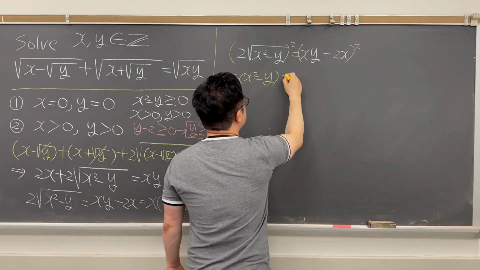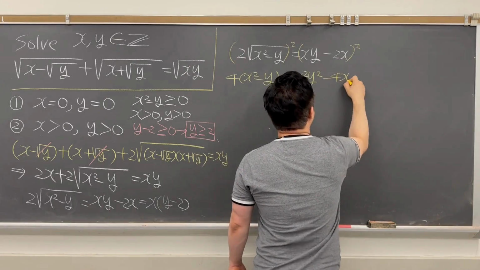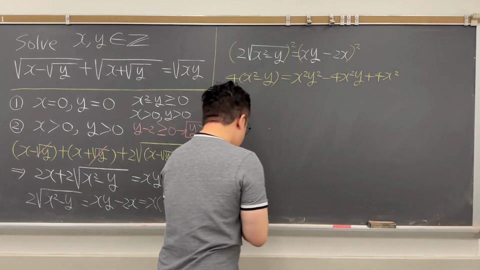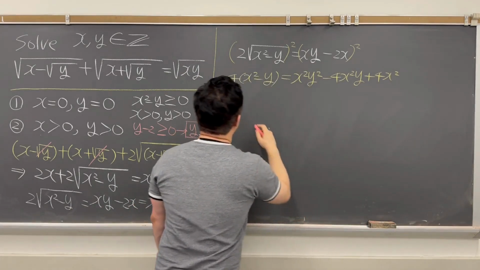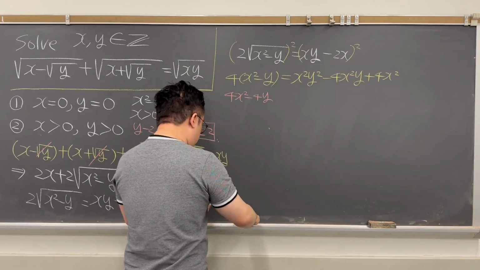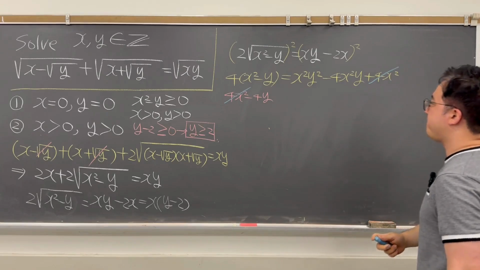And then the right-hand side is going to be x squared y squared minus 4x squared y plus 4x squared. If you distribute the left-hand side, that is going to be 4x squared minus 4y. That is why we can cancel those 4x squared on the left and right-hand side, right?